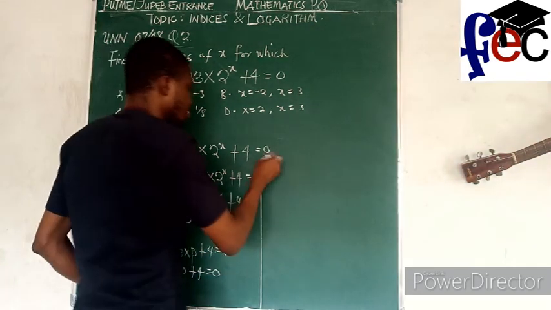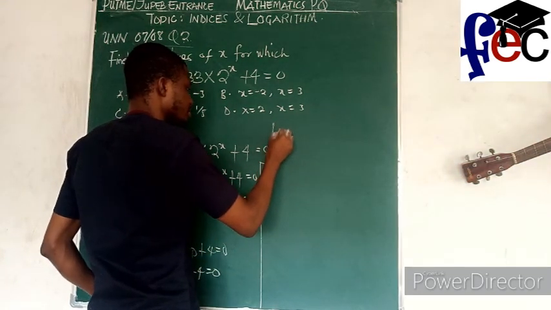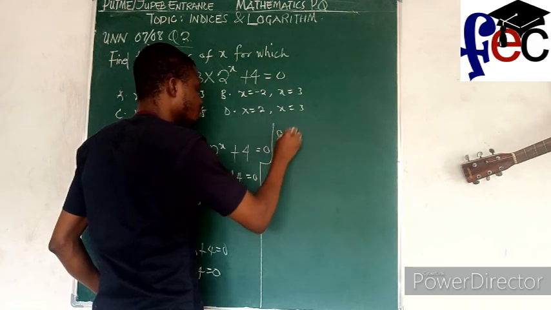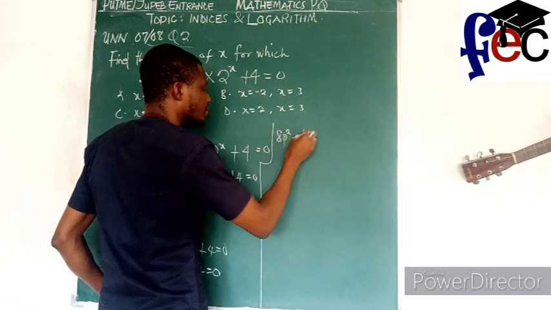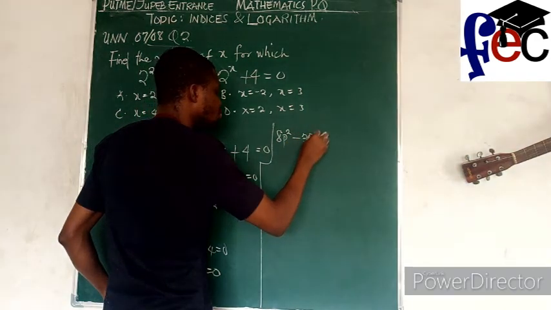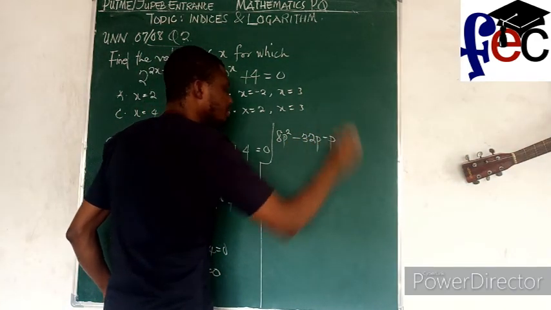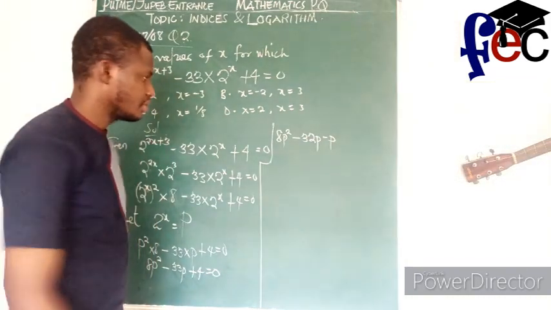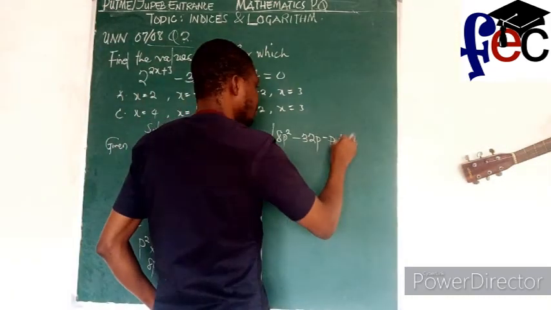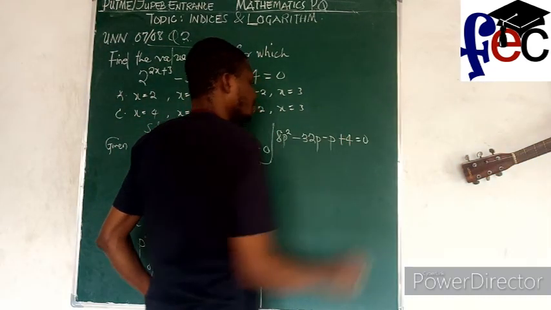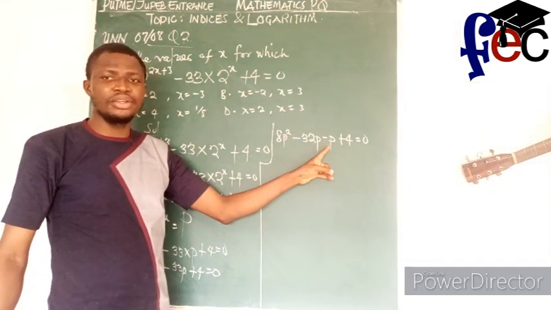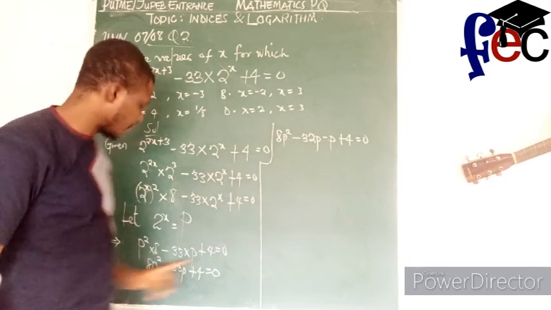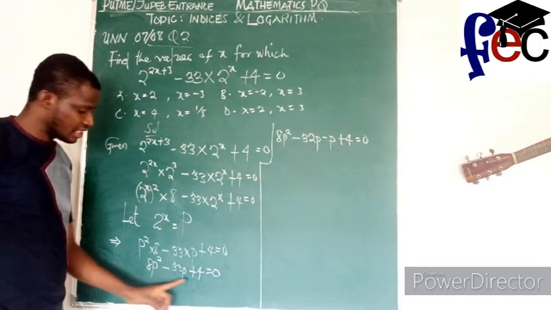This equation becomes 8p squared minus 33p, which can now be split into two, minus 32p minus p, then plus 4 equal to 0. I got this minus 32p and minus p from multiplying the first term and the last term together.